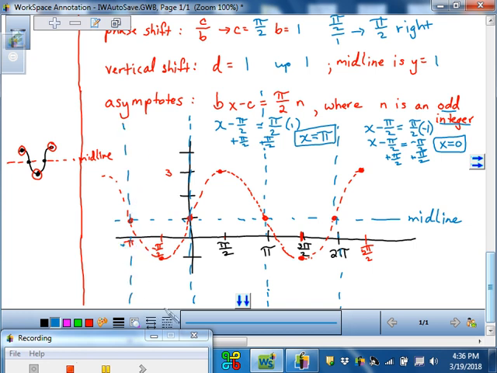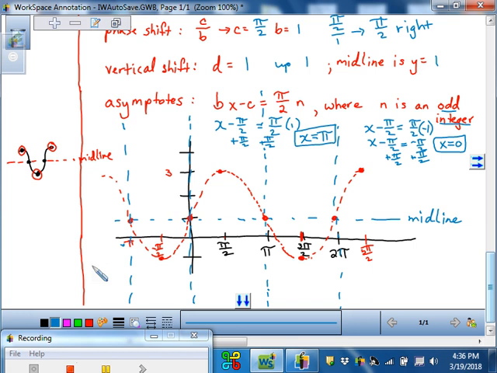And then we continue in that same pattern from negative infinity to infinity, but we'll stop here. Again, just like with the sines, an easy way to check to see if you're right, the cosine asymptotes will always be at the same locations as where the cosine wave crosses the midline. So they're in the same places just like with the sine wave.